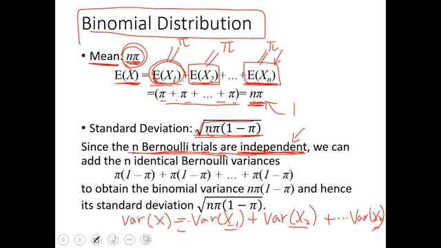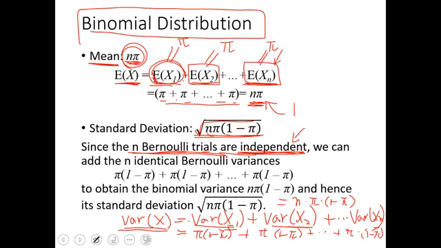The variance of a Bernoulli random variable is pi times 1 minus pi, plus pi times 1 minus pi, plus pi times 1 minus pi. So finally we obtain that n times pi times 1 minus pi is the variance of X.